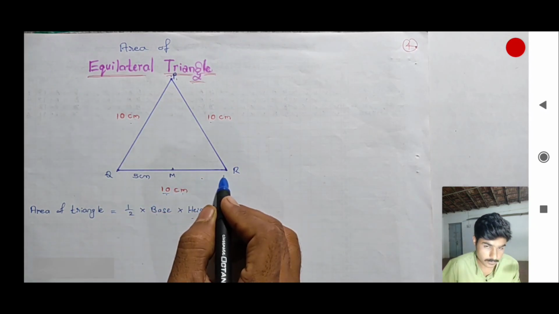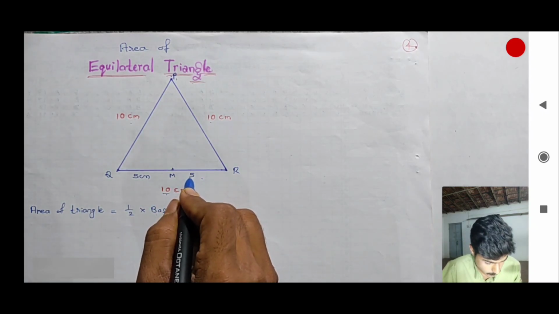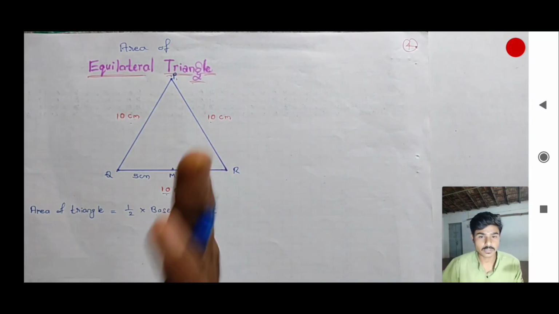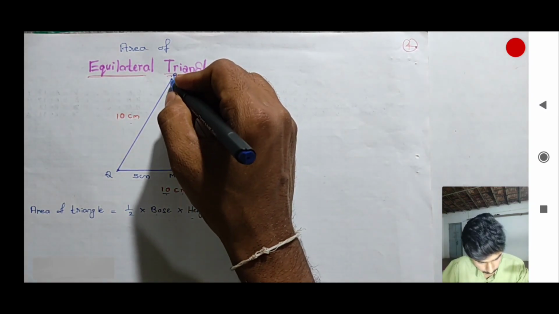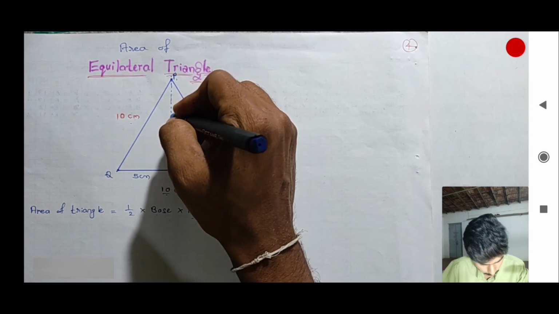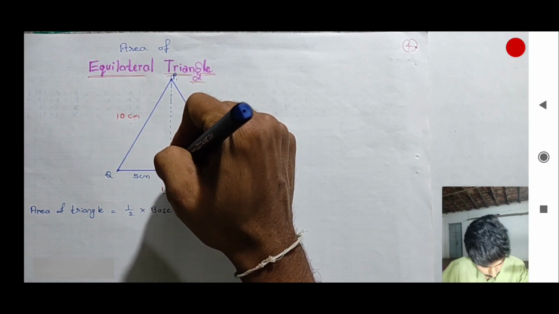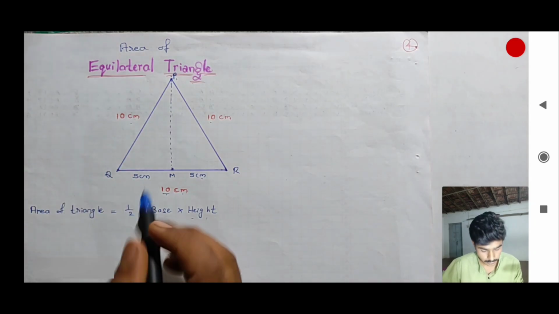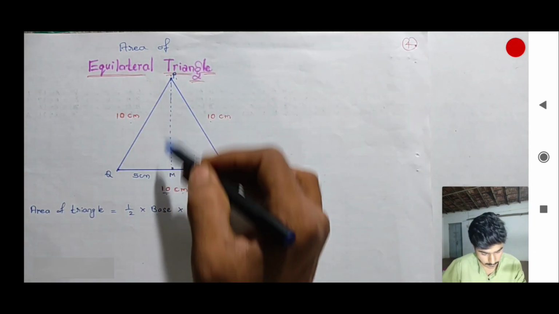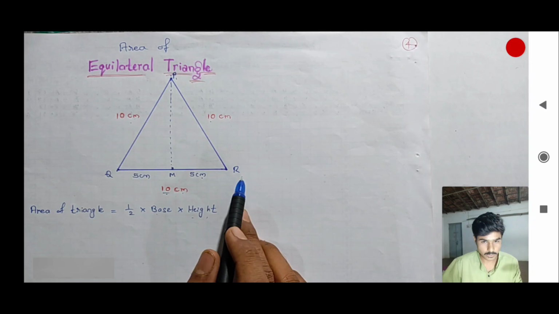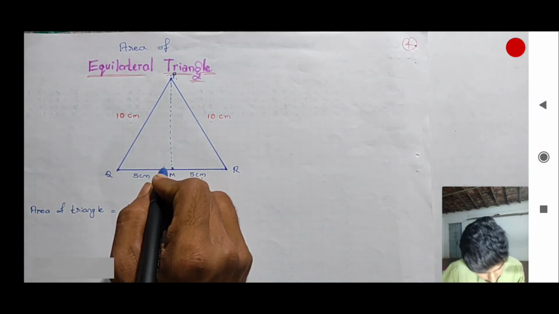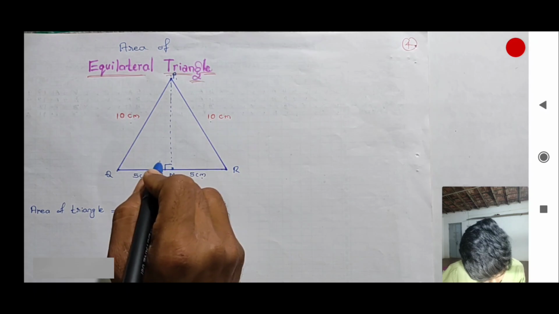Likewise, this MR also becomes 5 centimeter. So let us draw a perpendicular line, that is perpendicular line from P to M. Okay, as I mentioned perpendicular, so this line PM is perpendicular to QR. So as this line is perpendicular, it makes a 90 degree angle here.